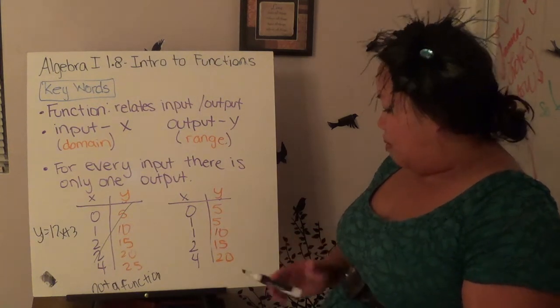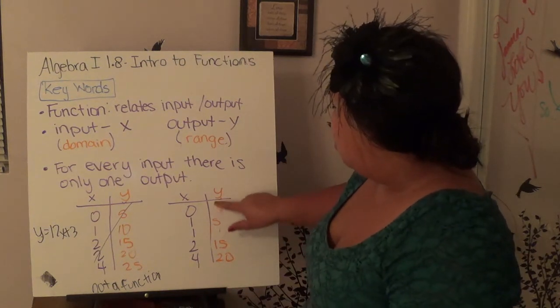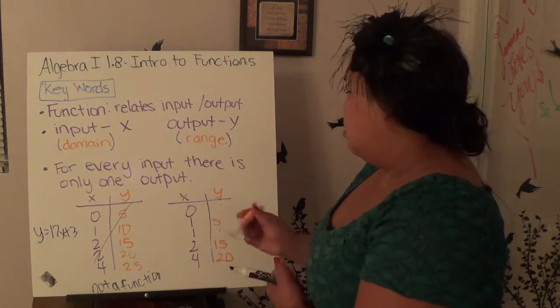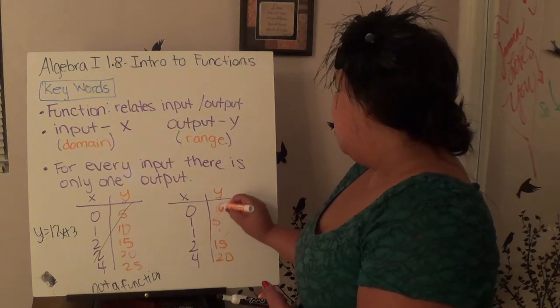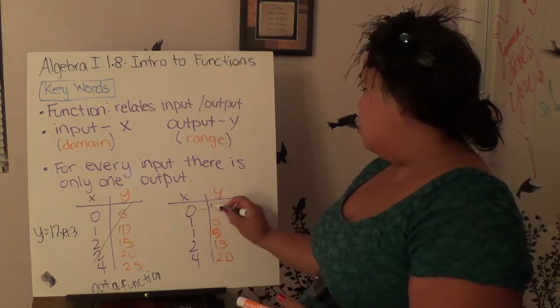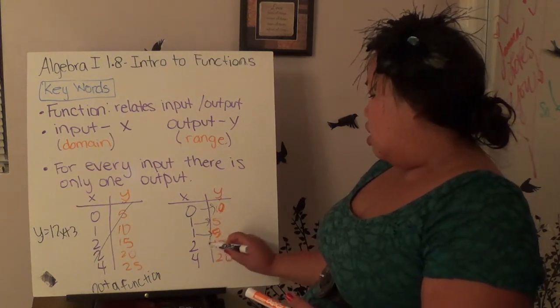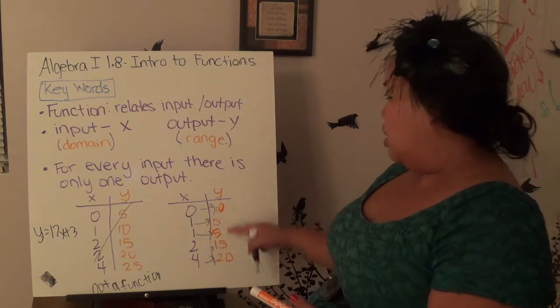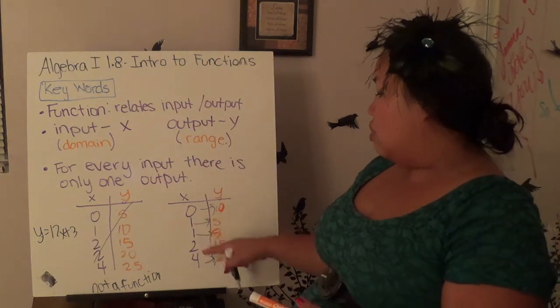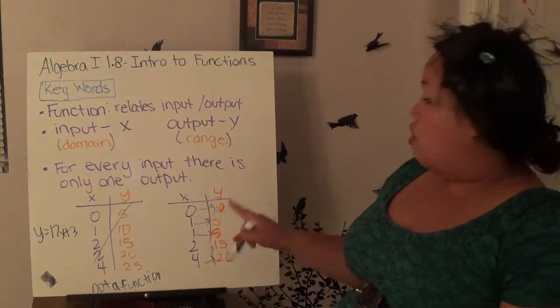Sorry, this is supposed to be 10 up here, just so I can illustrate. This is supposed to be 5. So 0 can equal 10, 1 equals 5, 2 equals 5. It's the same thing. It doesn't matter if y is double, it doesn't matter if there's x double, it's just that for every input there has to be only one value for the output.